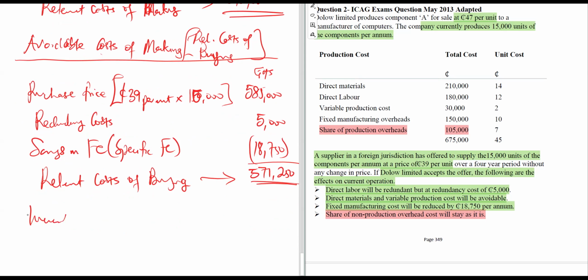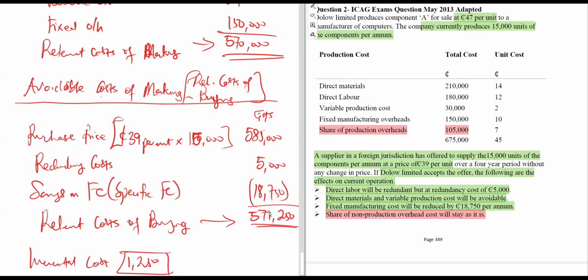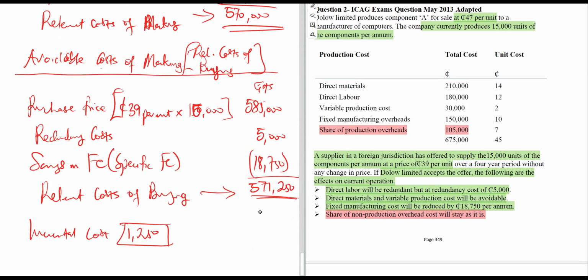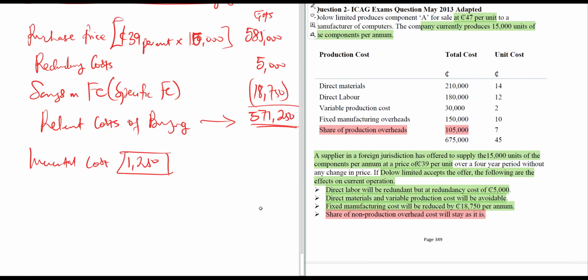There's an incremental cost of how much? 571,250 minus 570,000 is 1,250. So what's the decision? Make.